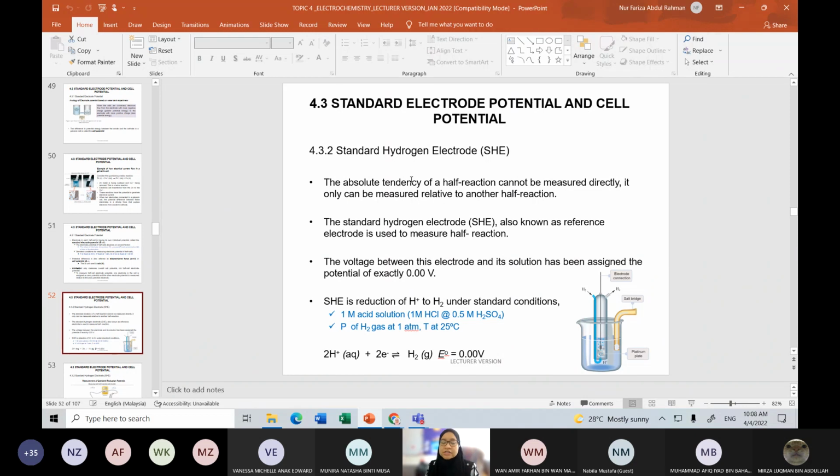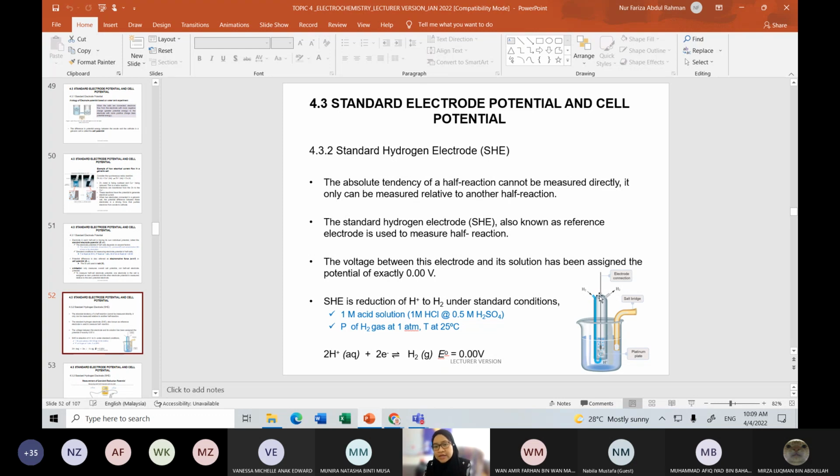If we change the SHE, if we change the standard electrode to something else, the electrode potential will also be different. Make sure that if you are asked to draw the SHE, you know how to draw it. You will be using the inert electrode, which is platinum.